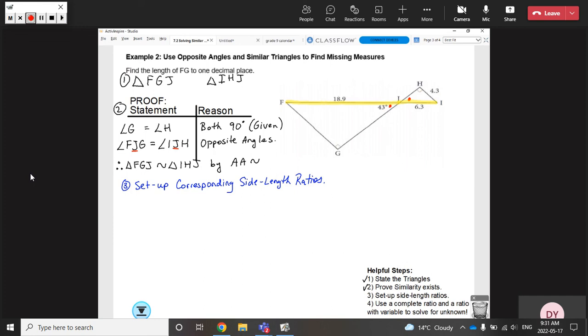I think next I'm going to go across from this opposite angle. Across from here is FG, and then across from the opposite angle is IJ or HI. And then the last one is the last one. Whoa. Those colors.